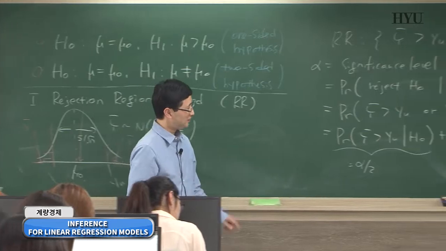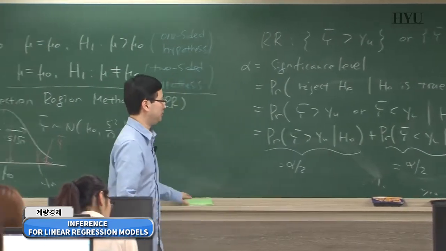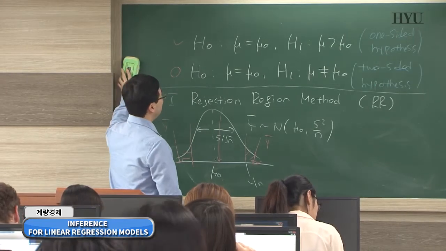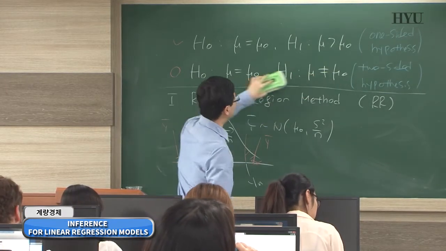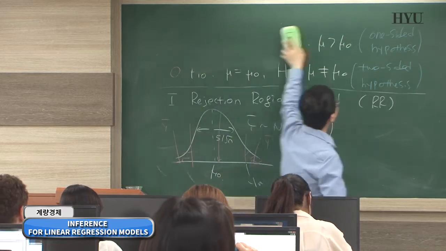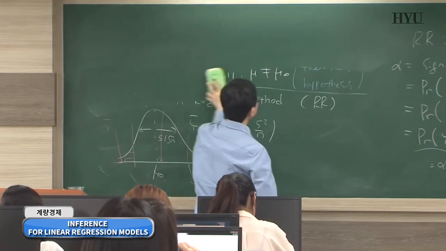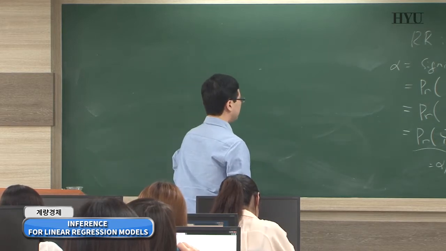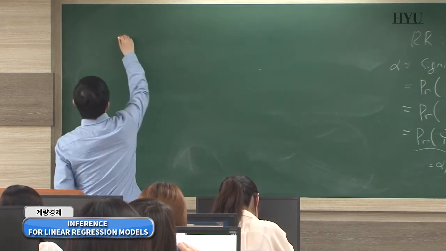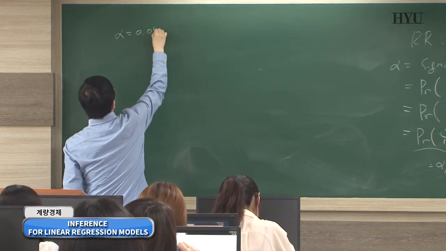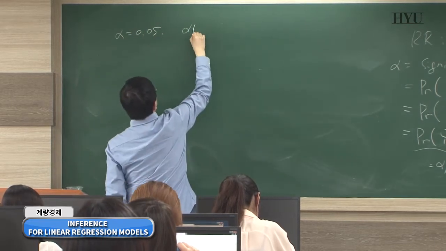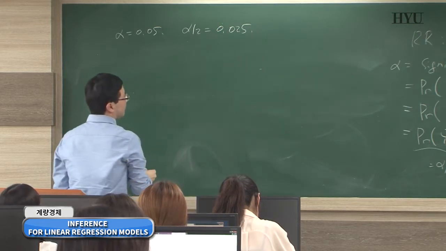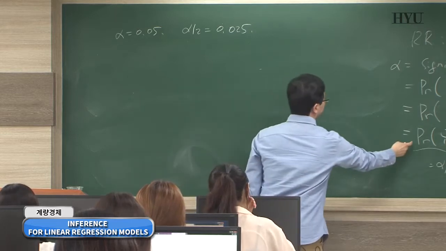So let's think about how to calculate this upper bound. Okay? The rejection region to the right. So how to do that? Let's remember that this is the hypothesis, okay? Now suppose that alpha is 0.05, 5%, half of it is 0.025. So let's think about this probability.